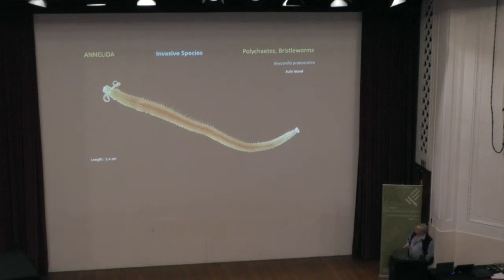Again, with invasive species, this is something that's come in the last 15 or so years, 15, 20 years. And initially it was quite rare to find these, but now you can find them on most shores, and they've become very successful. It's Boccardia proboscidea. They're actually not just found in Britain.